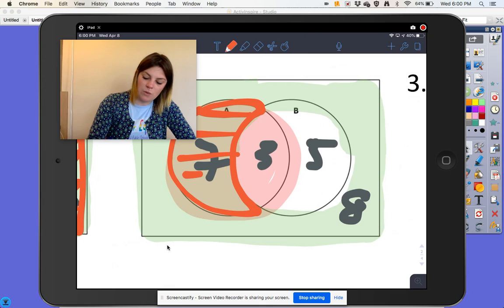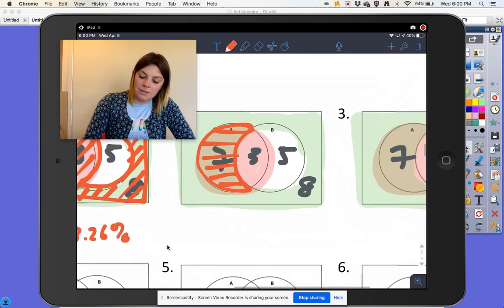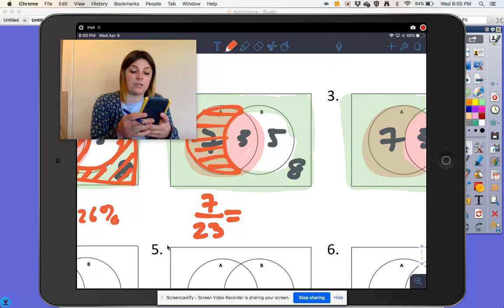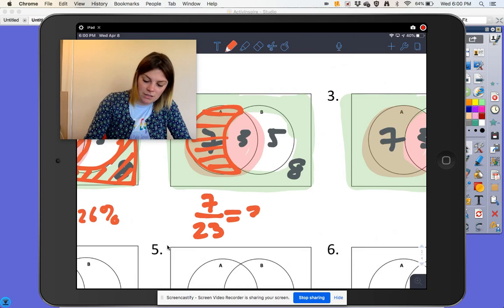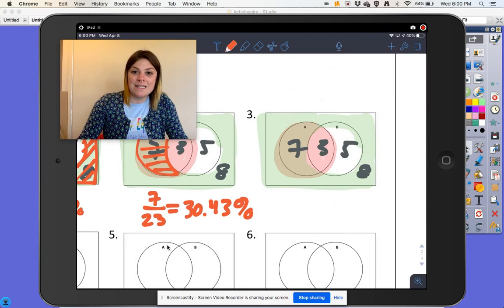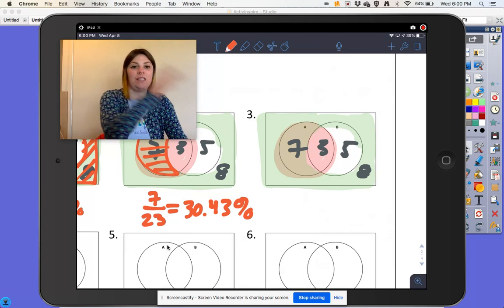This is the only part that is overlapping. So it's not conditional, so we still have 23 as our total, and 7 out of 23. I feel like I already did this one, but let's do it again. We got 30.43% there.